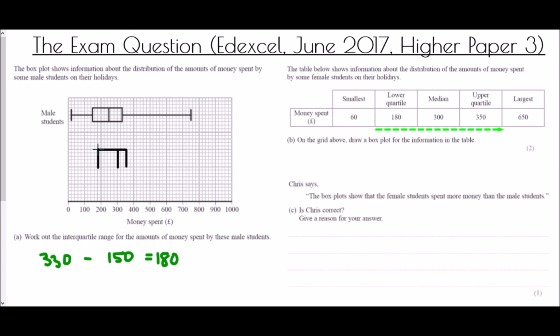Join them together, I've got my box plot. And then I need my minimum value, which was down at 60, and my largest value, which was up at 650, and again drawing our whiskers.